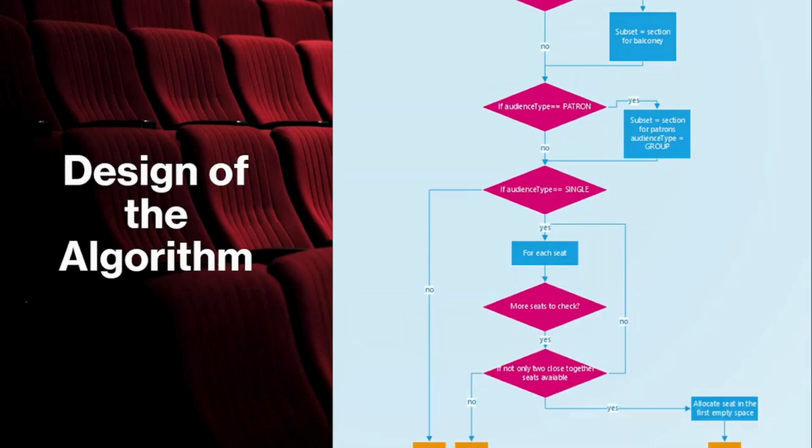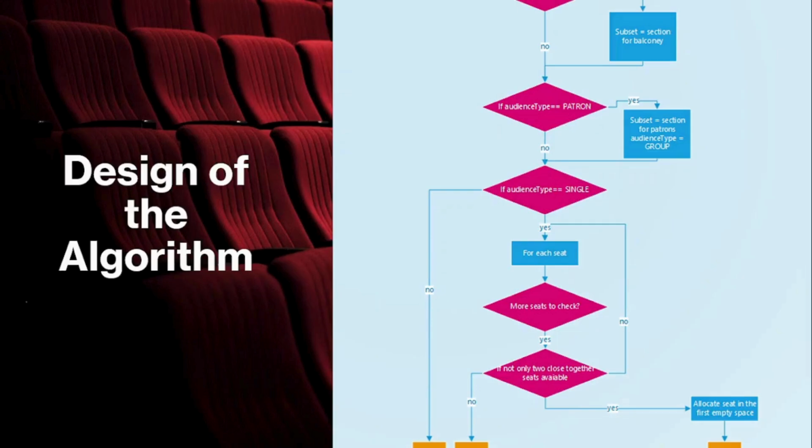If not, and the audience type is single, then it iterates through each row and finds a row where the only two close together seats are not left, because those seats can be allocated for couples or groups.